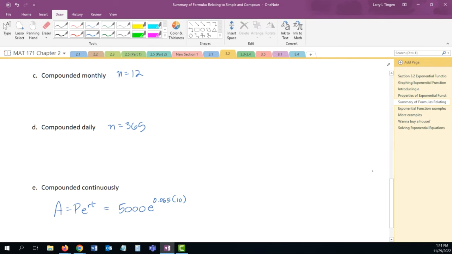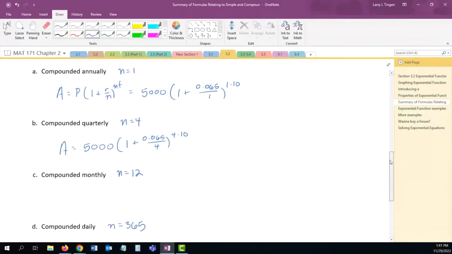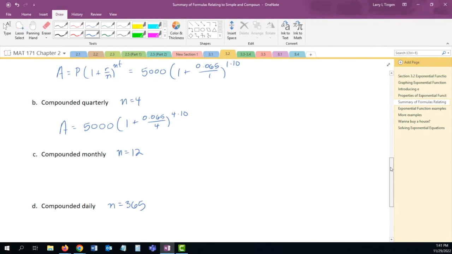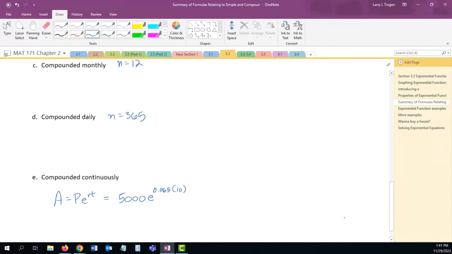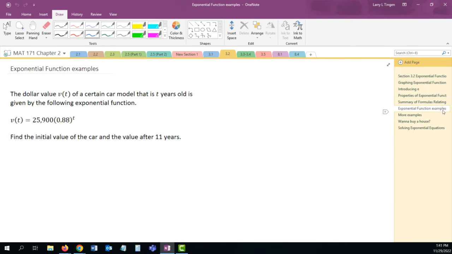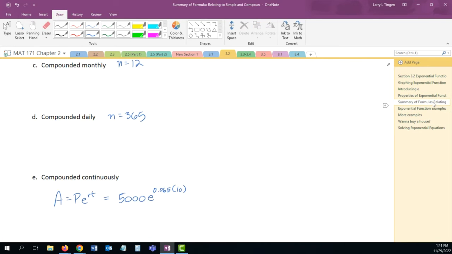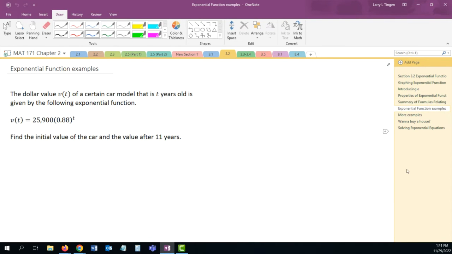You'll find out that going from annual to quarterly compounding makes a much larger difference than going from daily to continuous. But you can find those numbers in the notes. I'll come back and complete those as well. This is just to show you a real life situation.